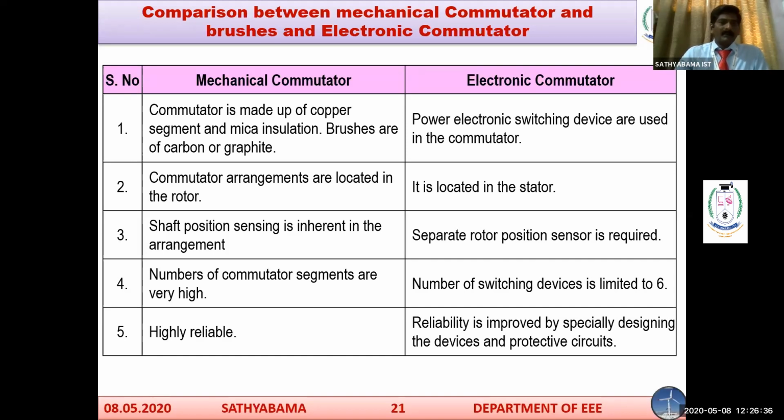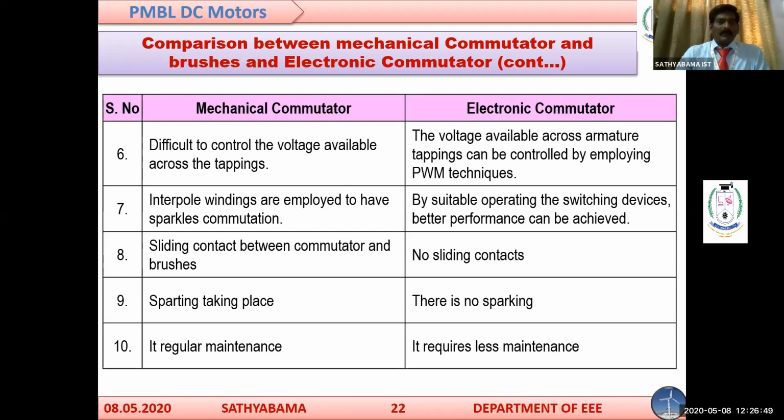The mechanical commutator is highly reliable, whereas in the electronic commutator, reliability is improved by specially designing the devices and the protective circuits. In the mechanical commutator, it is difficult to control the voltage available across the tappings, whereas in the electronic commutator, the voltage across the armature tappings can be controlled by employing PWM, pulse width modulated, techniques.